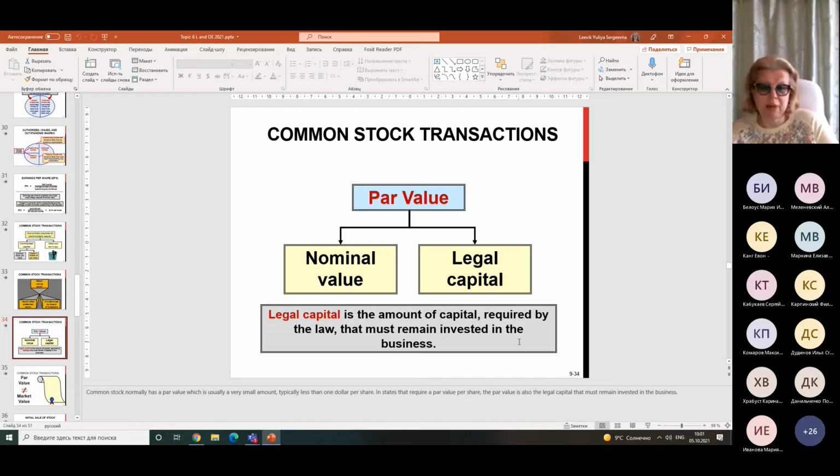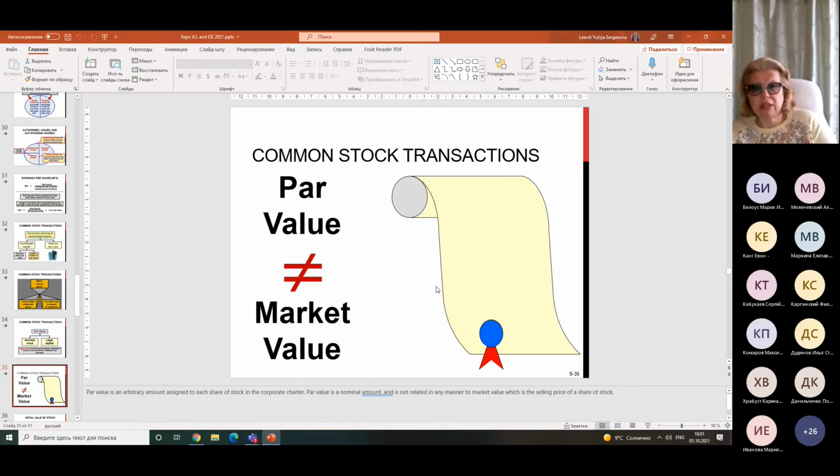This is what we call legal capital. So this is the minimum of capital which is required by law for the business. For each type of business, in every country there are some limitations and requirements. What is important when we consider common stock transactions is that in a market economy, par value is not equal to market value. And of course, this is why we have this surplus or maybe deficit, which we call paid-in capital.